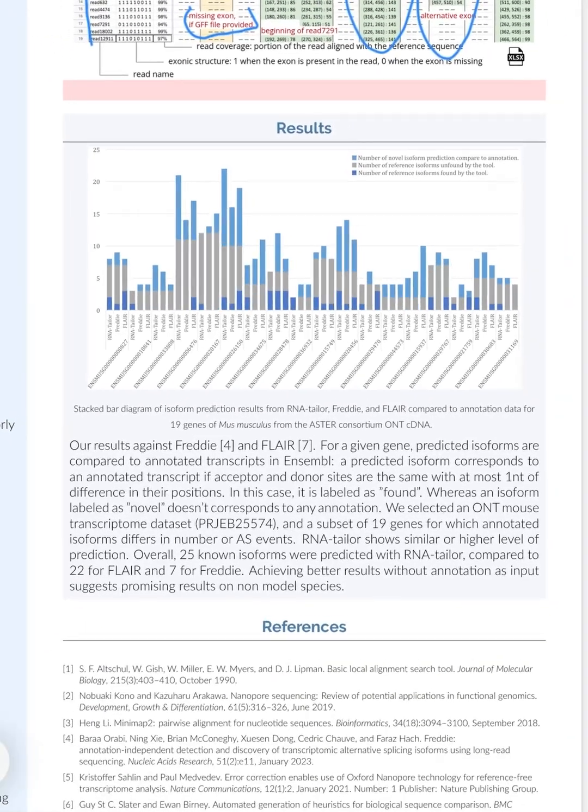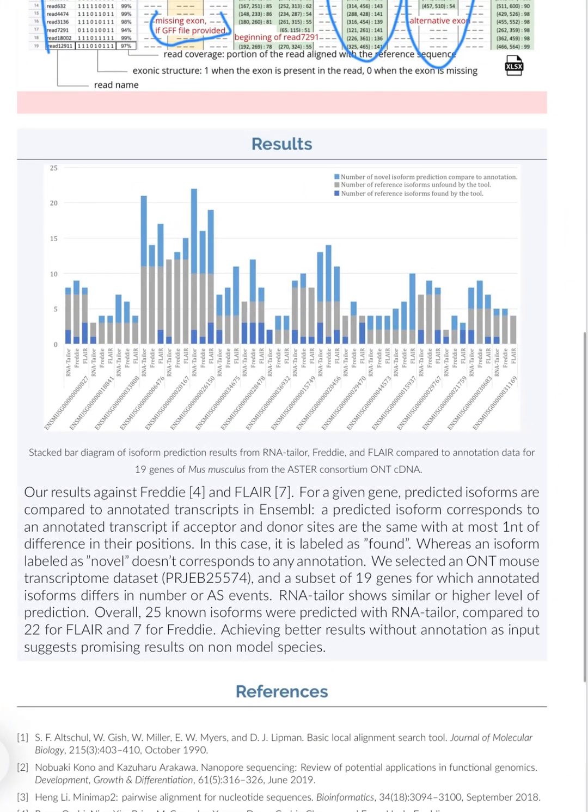So we tested the prediction results of RNA Tailor against two other tools, Freddie and FLAIR. To do so, we tested the predictions of each tool for 19 Mus musculus genes with splicing dynamics. The reads originated from a public dataset, and we tested the predictions against the annotation data of each gene, and we calculated how many known reference isoforms were found by each tool.